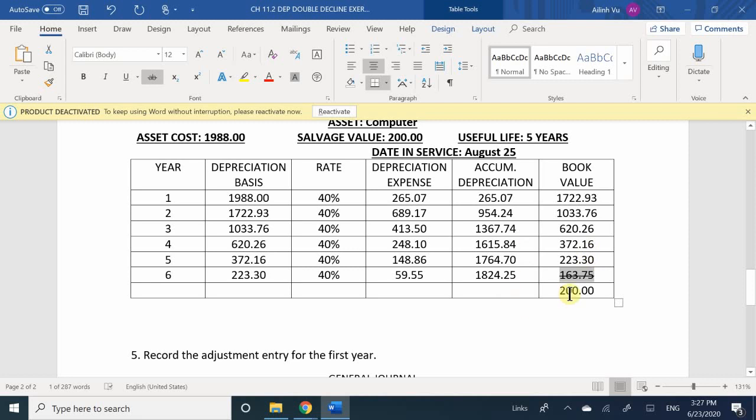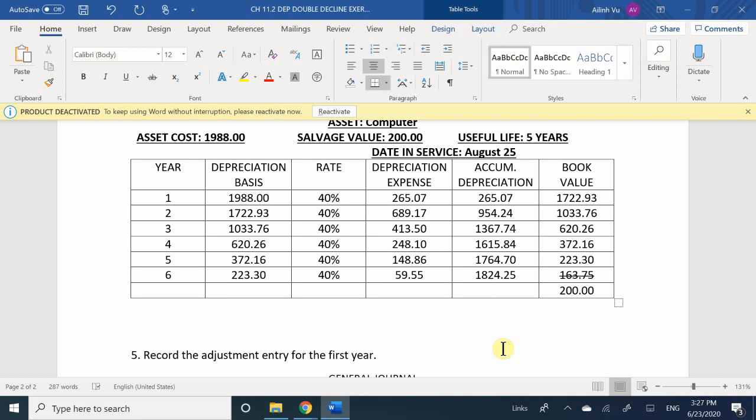So how do we solve for accumulated depreciation? What must we get to get to 200? We're going to reduce it by $36.25. Where are you getting 36.25 from?